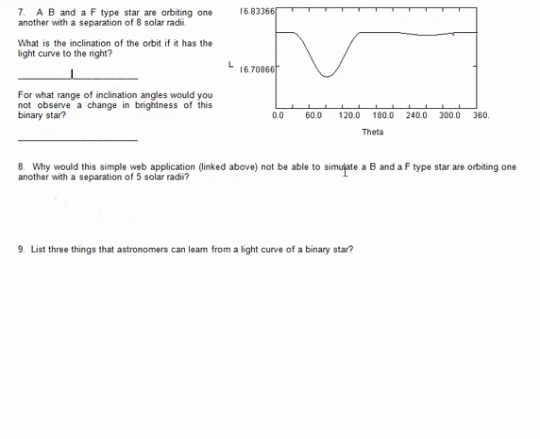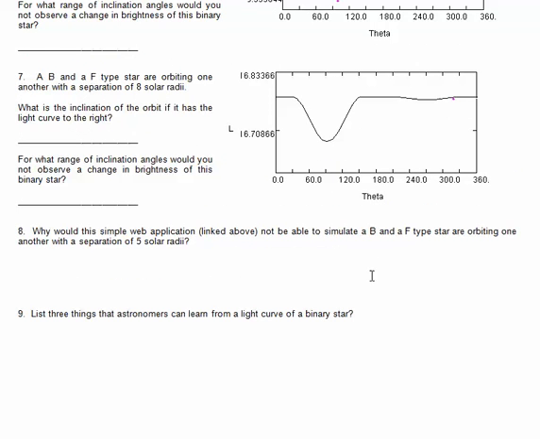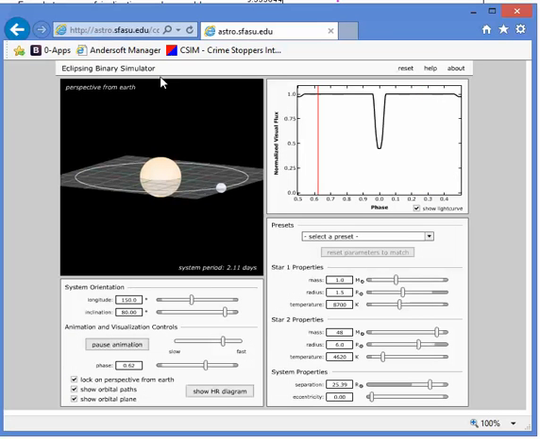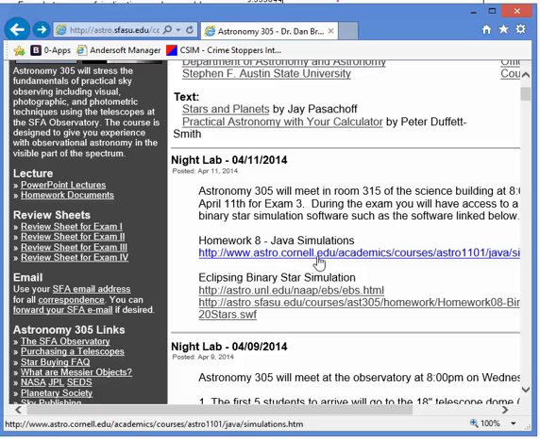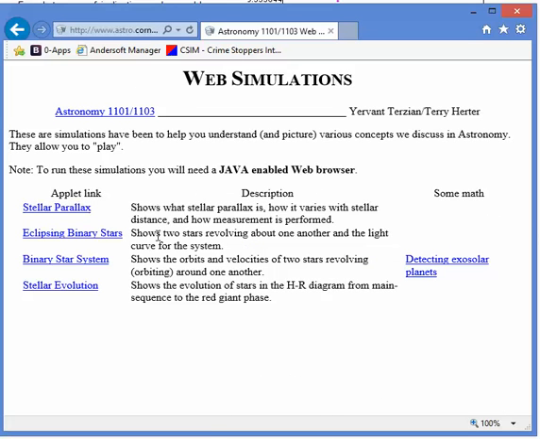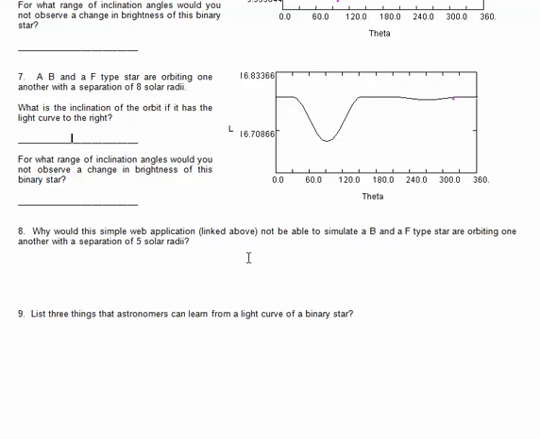When you look at this simulation right here and you change the spectral types to B and F, what you might find in the simulation that we ran over here, this one right here in particular, you're going to find that if you run that simulation, it's impossible to have those two spectral types along with a separation of 5 solar radii, simply because these two stars would be overlapping.